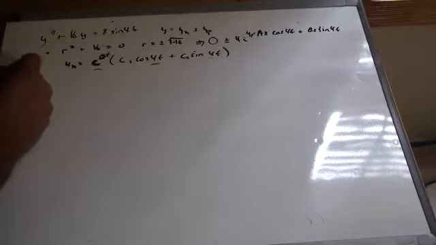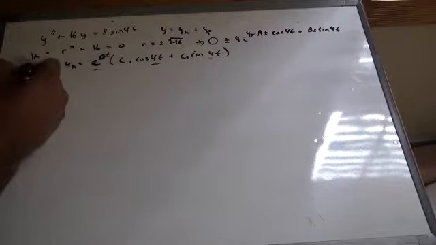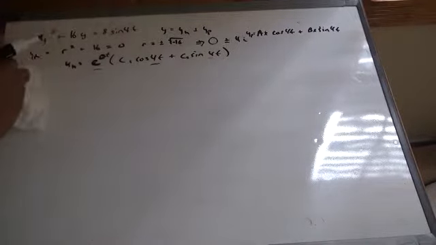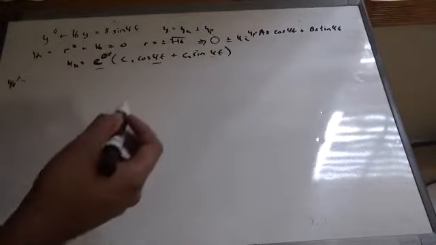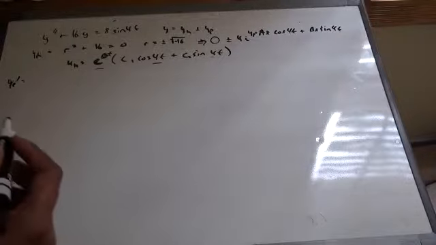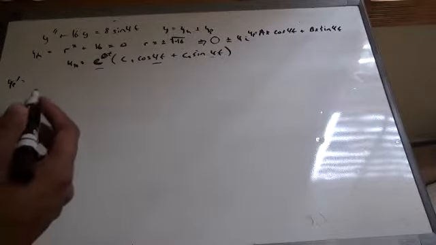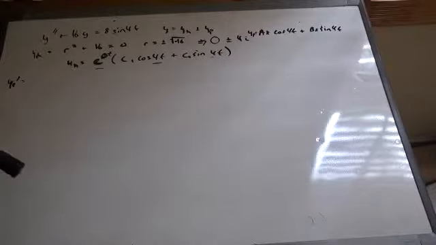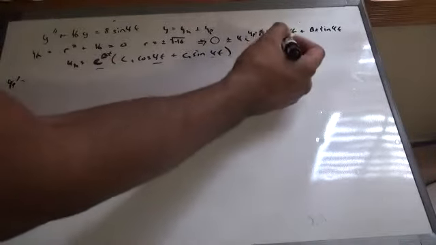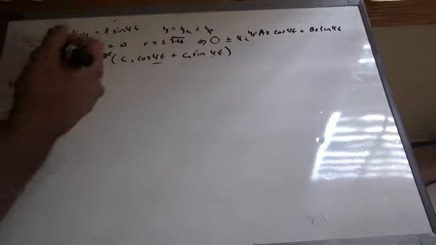Now we need the second derivative of yp. So I guess we need to get the first derivative as well. This is a product rule, so we have to use the product rule formula where we take the derivative of the second term times the first term.